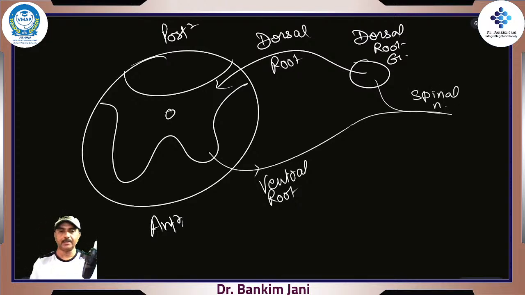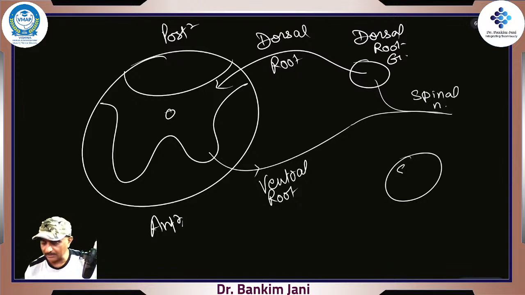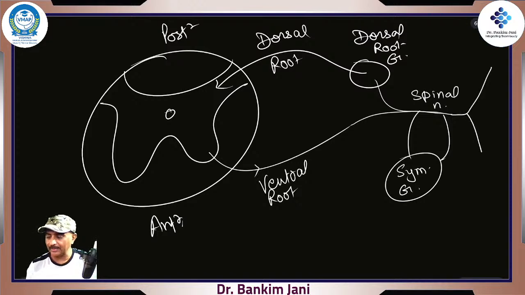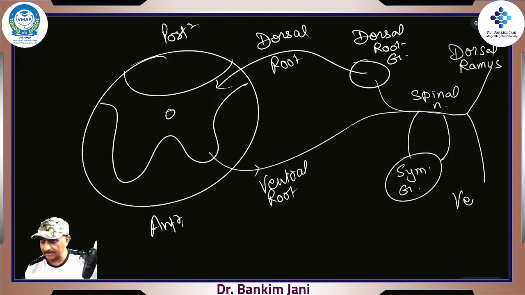But this spinal nerve will also be carrying some of the fibers for the sympathetic system, right? So this is what? This is the sympathetic ganglion, right? And it would be putting the fibers into the spinal nerve. This spinal nerve, as it goes further, will divide into dorsal ramus and ventral ramus, right?